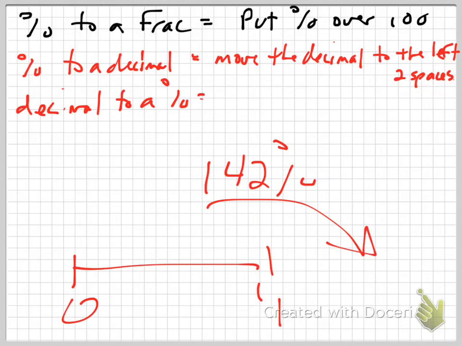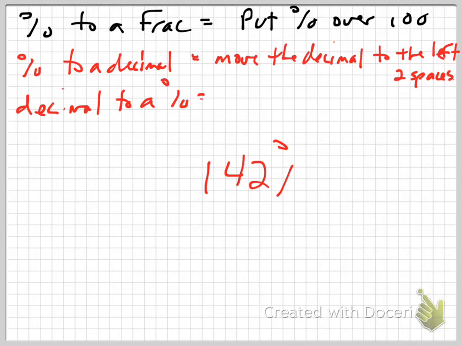That's the deal. So, at 142%, how do I write that... hold on, let's go back. We already did that one. Let's go 3.8. I want to know what that is as a percent. How do I write that as a percent? Well, what was the rule we already said?